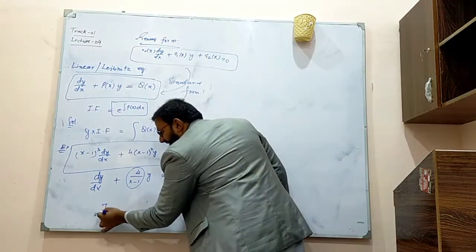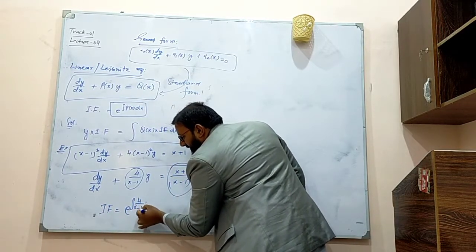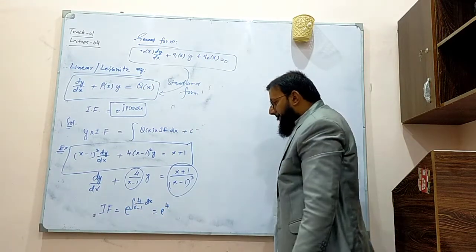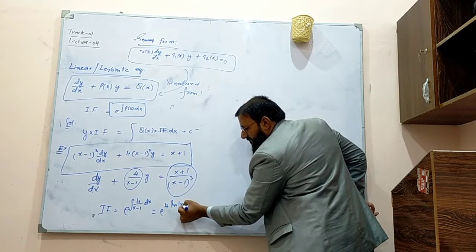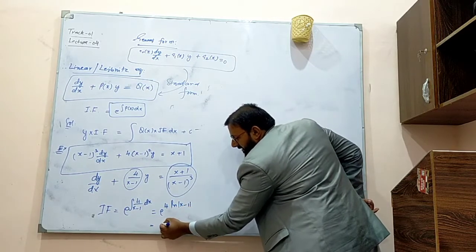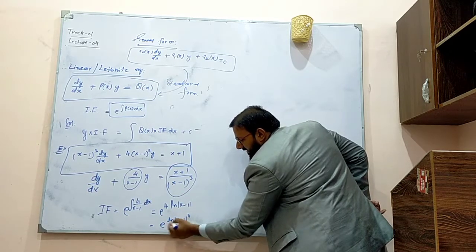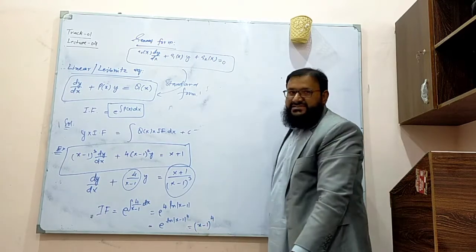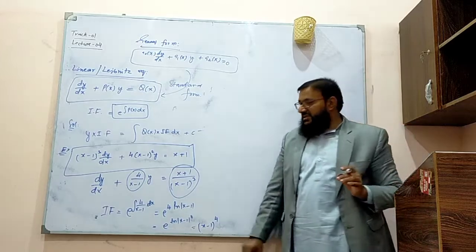Your integrating factor would be e power integral p of x dx. Take 4 common. Integral dx over x minus 1 is log of x minus 1, and you take the 4 into the power of x minus 1, and e and log are going to be cancelled. Your integrating factor is (x minus 1) power 4. So this is your integrating factor.